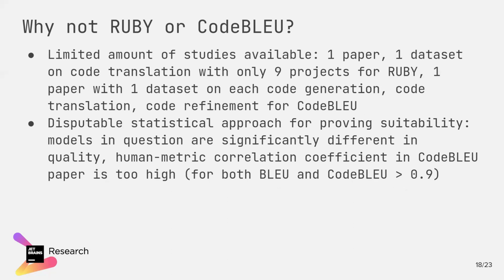The problem is that they have hardly been studied. And for CodeBLEU, the dataset is really strange. The inputs are the natural language documentation and the class environment the code resides in.